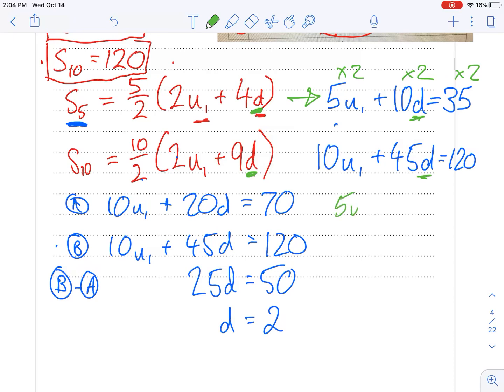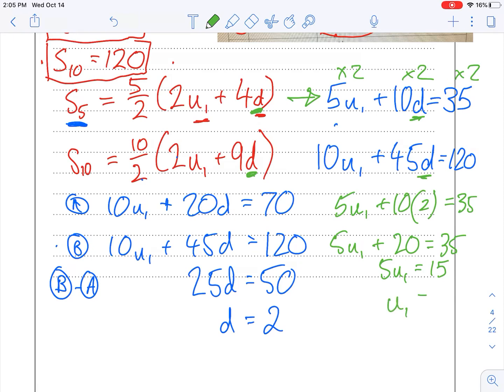So I've got 5 times u1 plus 10 times the common difference, which we now know is 2, equals 35. 5 times the first term plus 20. Take away the 20 and we get 5u1 equals 15. And therefore, divide by 5, the first term equals 3. The first term is 3, the common difference is 2.